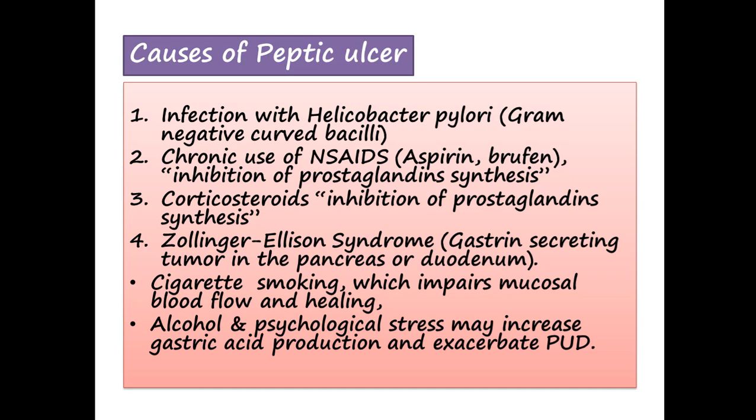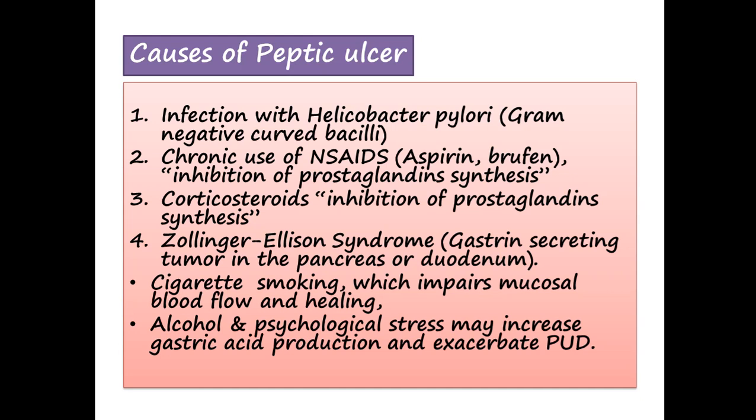Now this gastrin secreting tumor is composed of the same cells as we discussed are present in the antrum of the stomach. And like the G cells in the stomach, these G cells present in the pancreas and in the duodenum also secrete excess gastrin. This condition is known as Zollinger-Ellison syndrome, and it promotes peptic ulcer.